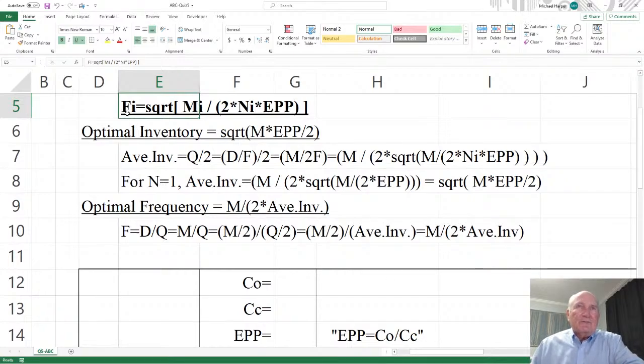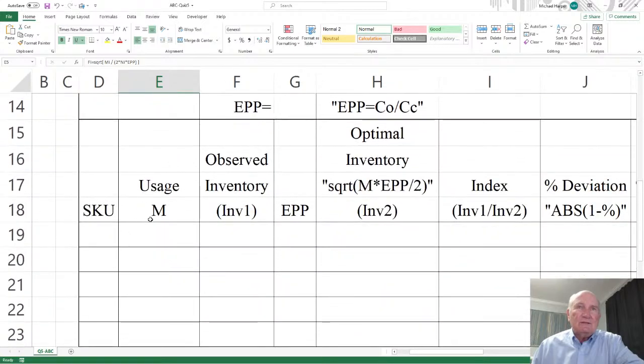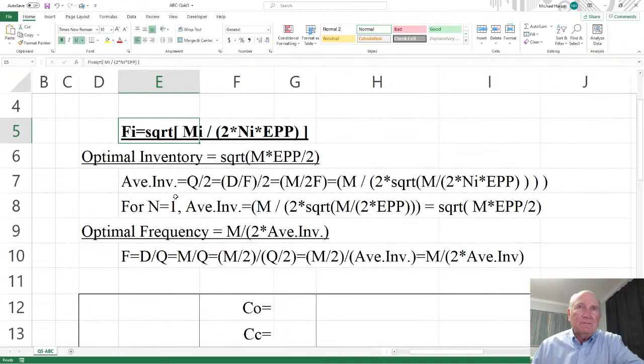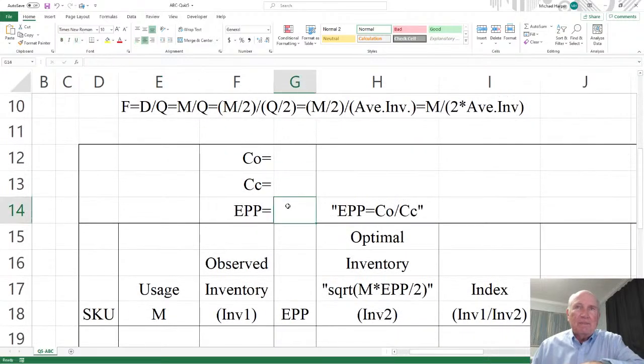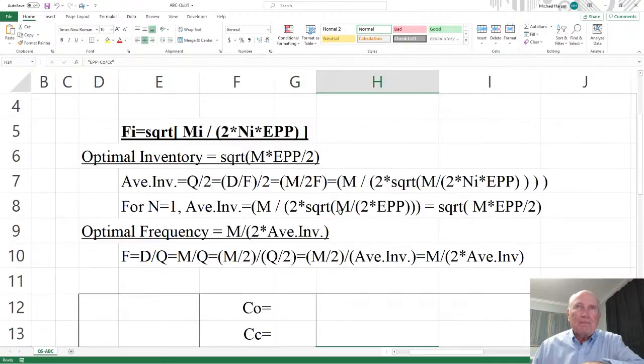The frequency is the square root of the usage, and remember, the usage is the same as demand, times 2, divided by 2 times the number in the class, N, times EPP, where EPP equals the ordering cost over the carrying cost. There's EPP.